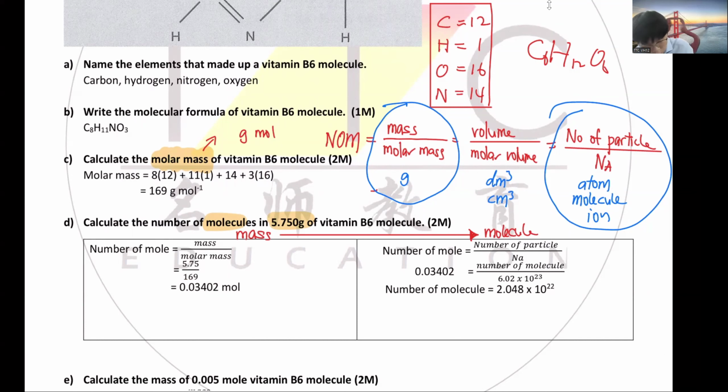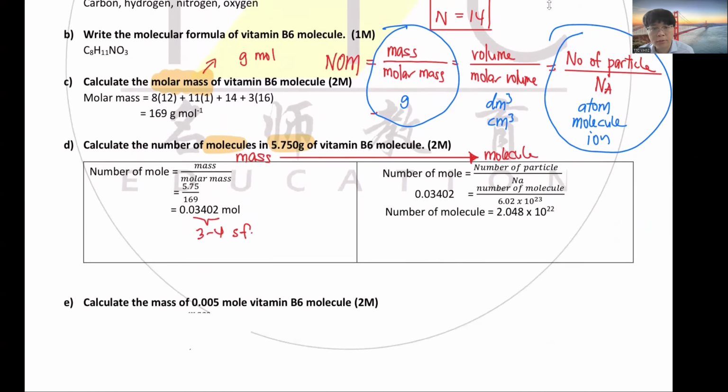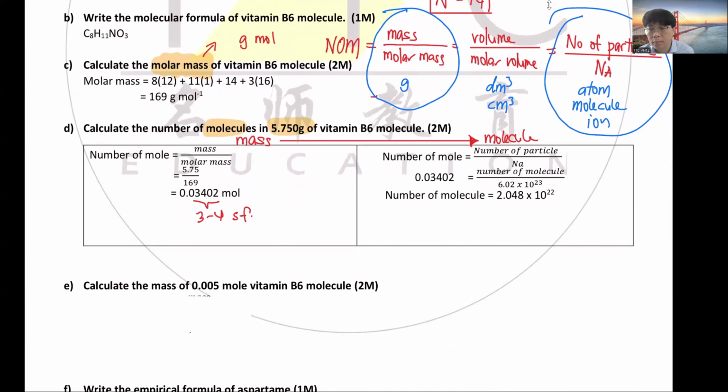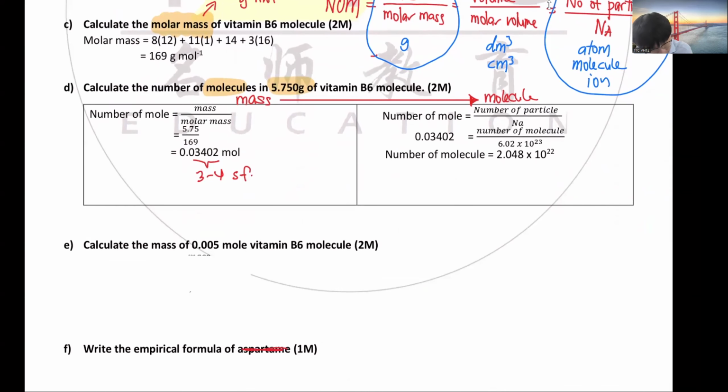Oh, you can take 3 to 4 significant. 2 to 4 significant. This is my option.